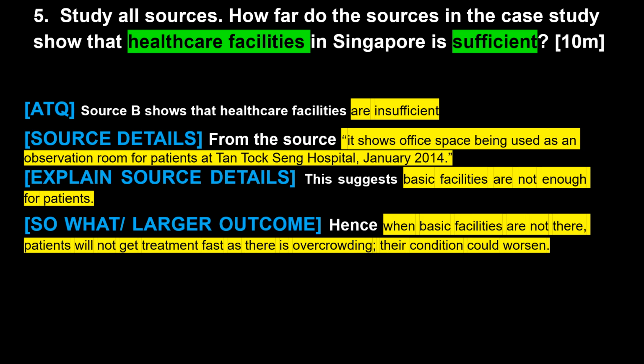It means that if you don't get the treatment fast, the condition of the patient could worsen. So that is the extra link for you to make that connection. The source is telling you a little bit more, so make that connection to get your additional marks.